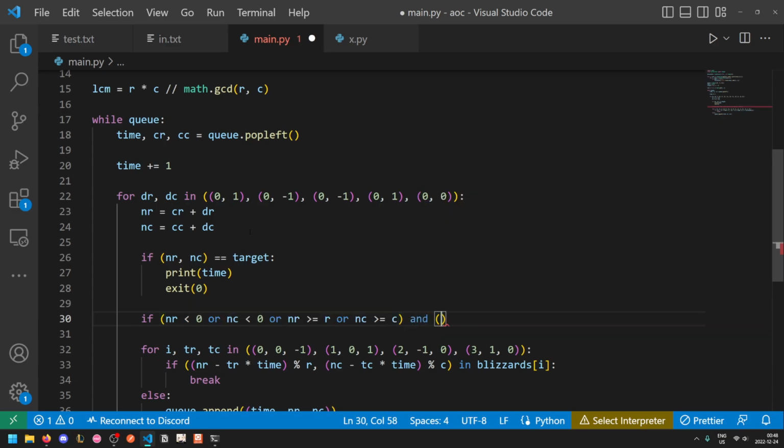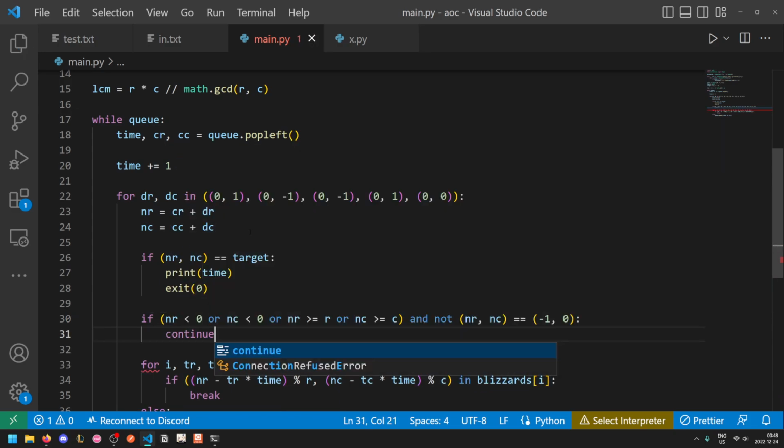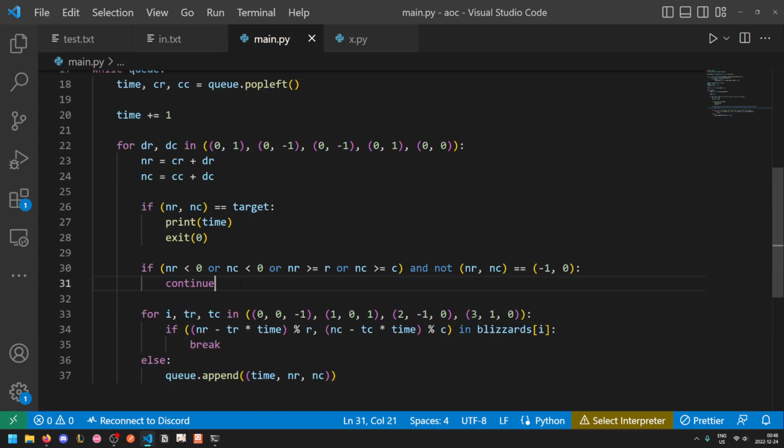And we also need to make sure that we aren't banning the initial state because we might need to stand there for a while. And (NR, NC) is not equal to the original state, which is (-1, 0). Then we will skip this state if we would run off the grid.